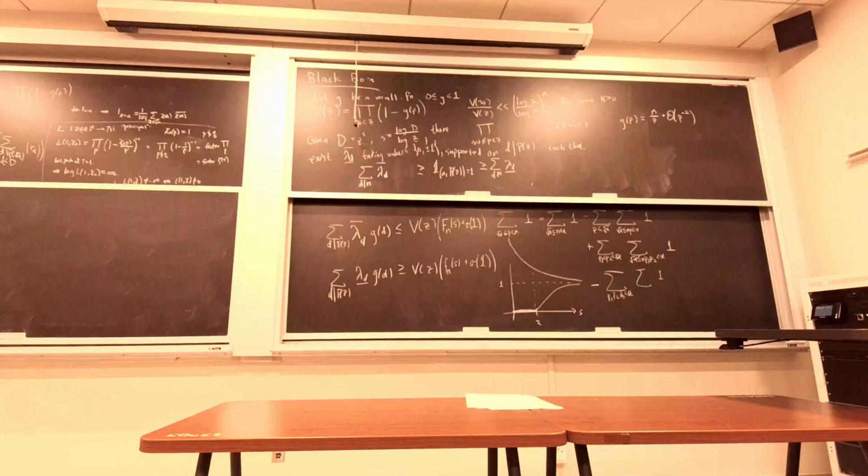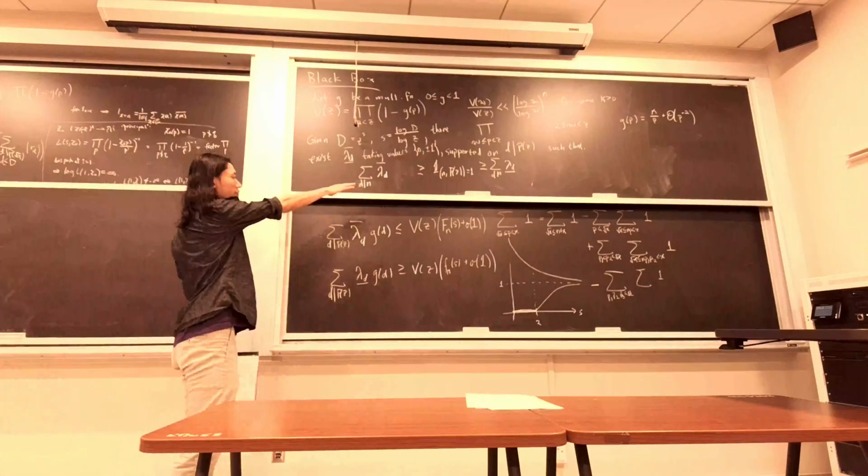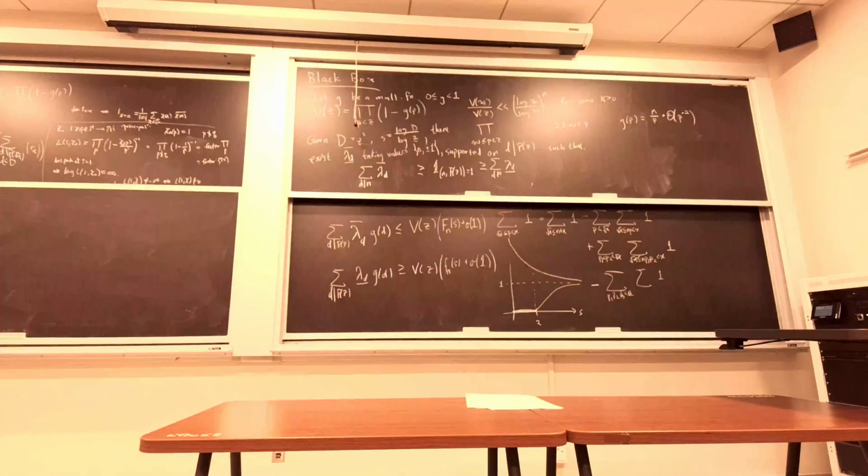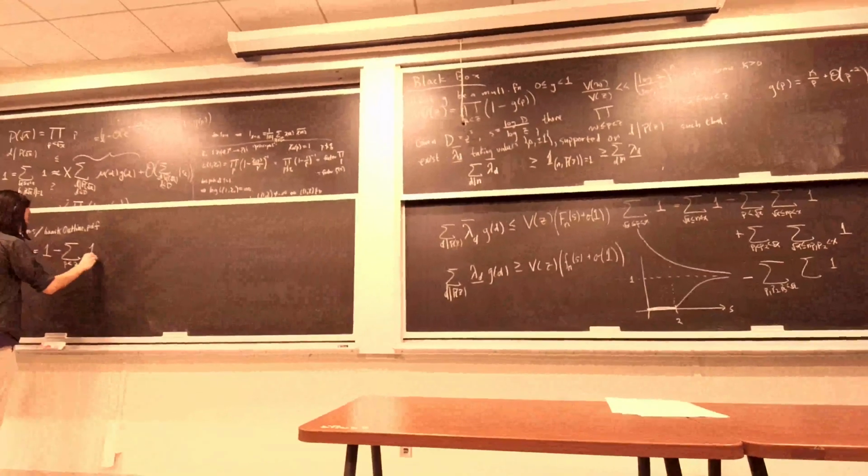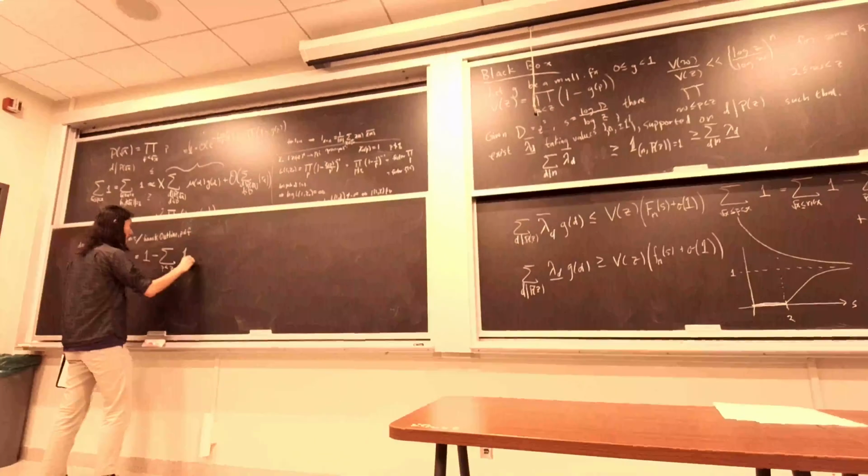To explain this, we have these equalities or inequalities over here. There is the indicator that n is co-prime to P of Z, that is, n has no prime factors less than z. This is equal to 1 minus the sum over primes p less than z of the indicators of p divides n.